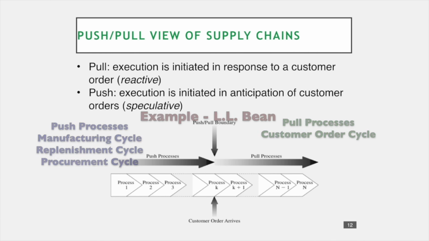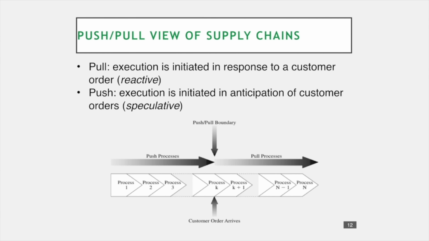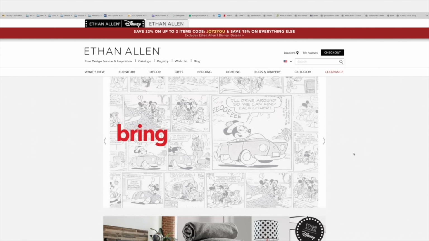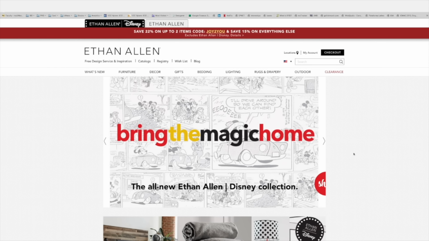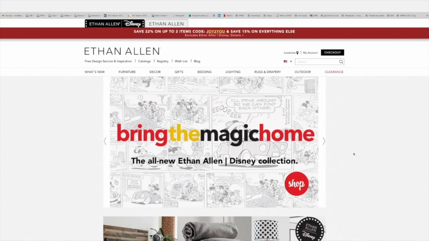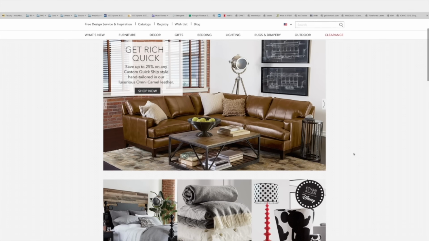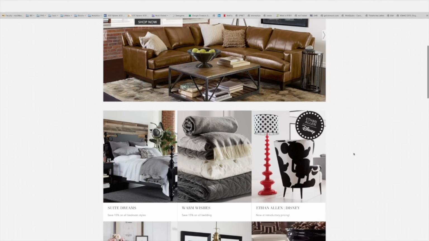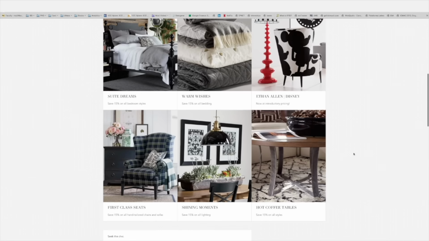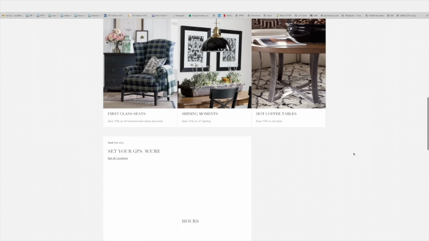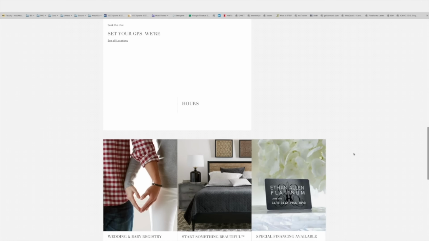But if you take another example, the Ethan Allen supply chain, this company makes customized furniture. So Ethan Allen basically builds to order, and a customer who may be interested in, let's say, a sofa or a chair may select a particular fabric or finish.